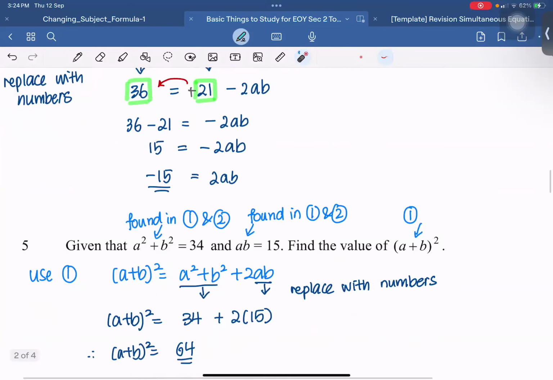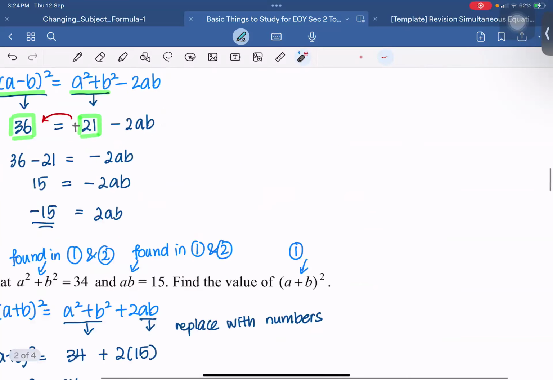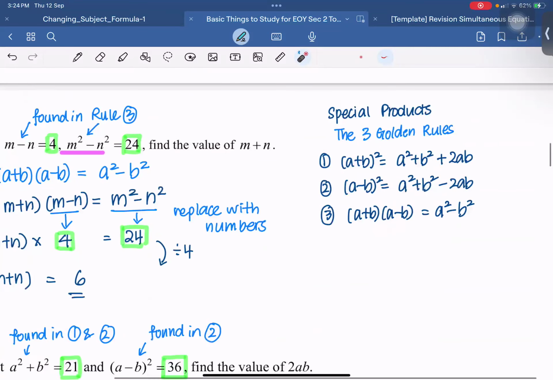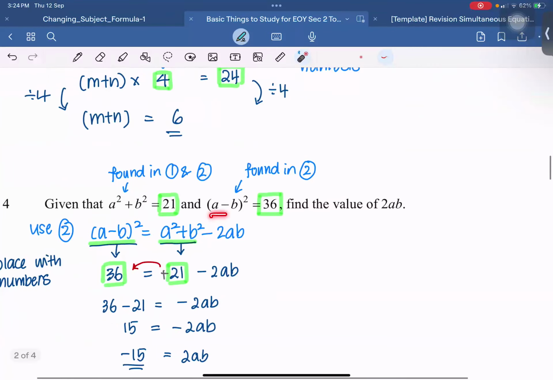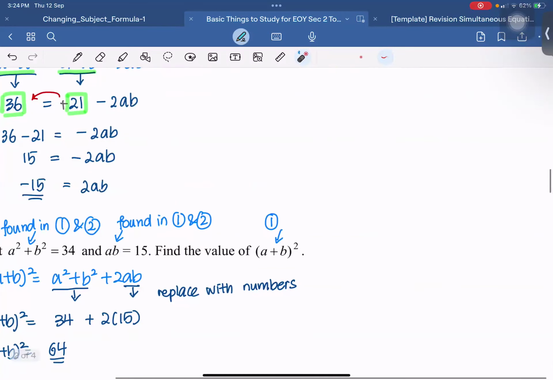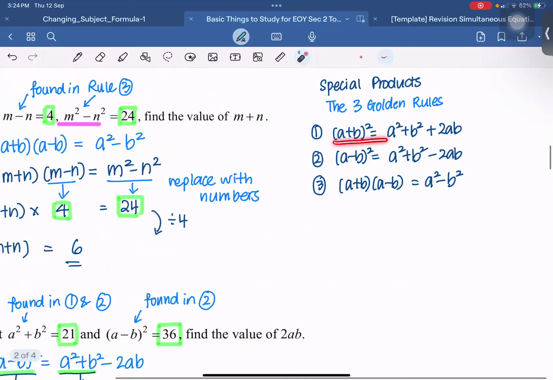Next question, last but not least of this type. A square plus b square can be found in number 1, number 2. Then I have a minus b whole thing square. This one gives it away already. Oh, there, a plus b. Then they want me to find a plus b whole thing square. So obviously, a plus b whole thing square will be rule number 1.